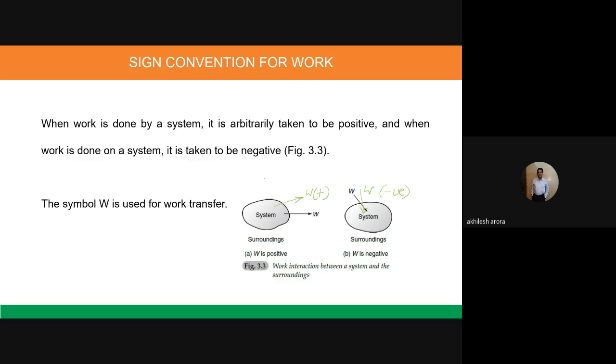Work done by a system is arbitrarily taken to be positive, and when work is done on the system, it is taken to be negative. I have told you both situations, and the symbol for work is W.